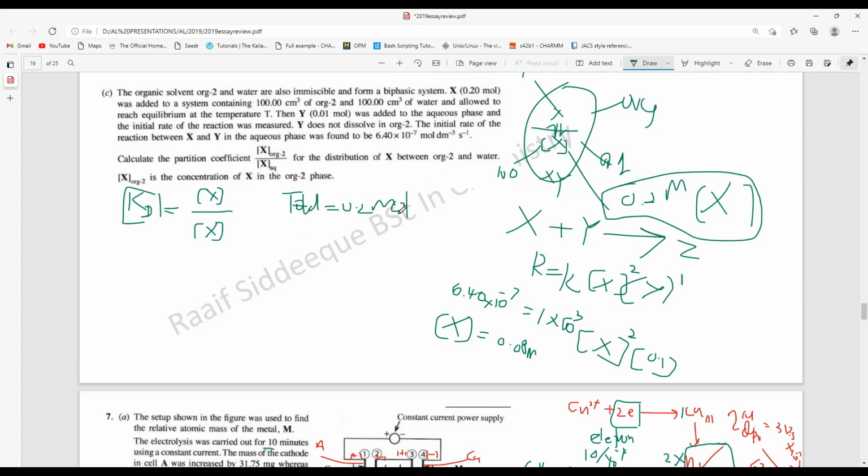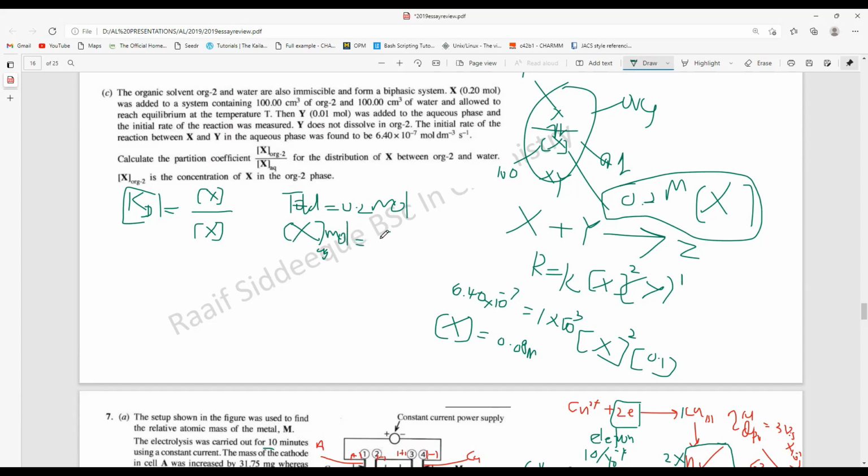So you know the total moles of X, that is 0.2. So how can you find the X aqueous, let's say moles for an example?